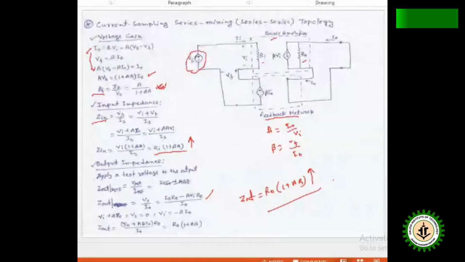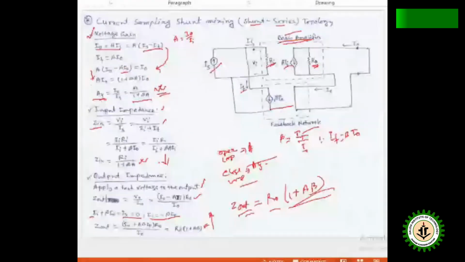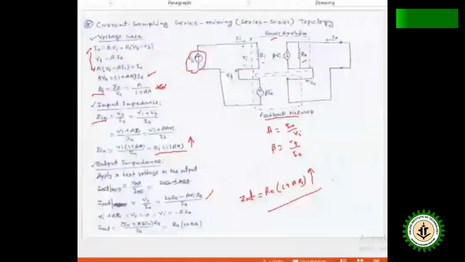And then we saw, in the case of current sampling and shunt mixing, the voltage gain, input impedance and output impedance, where we see the voltage gain has negative feedback, and input impedance and output impedance both increase.